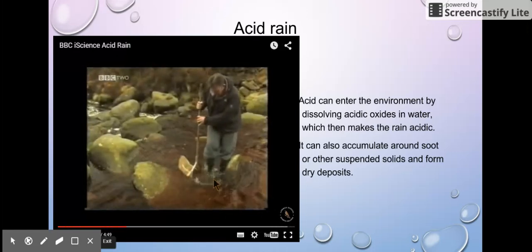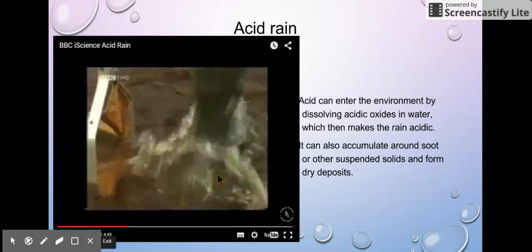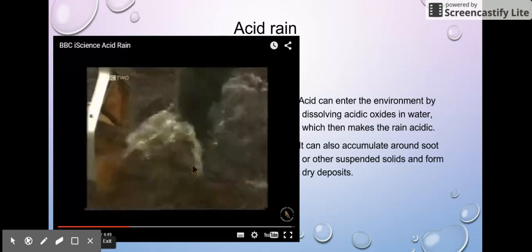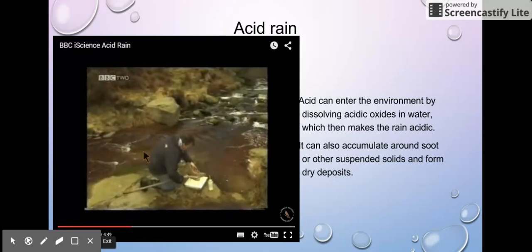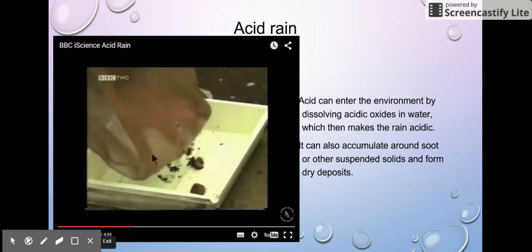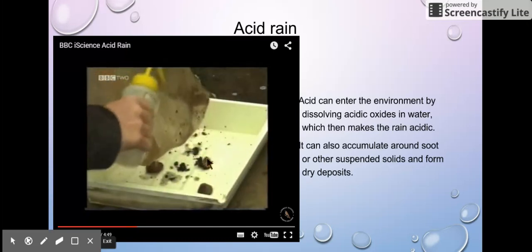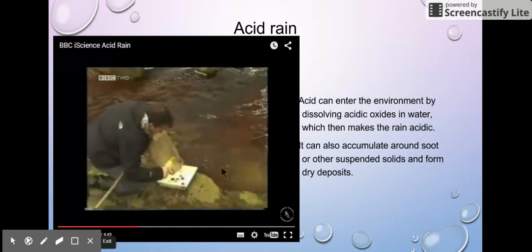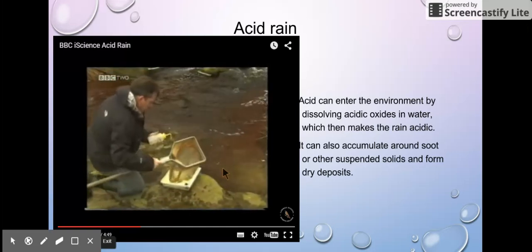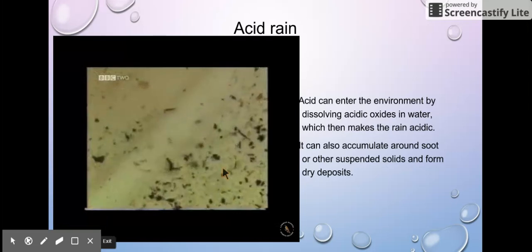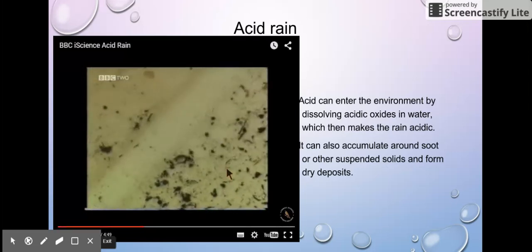He's kicking at the bottom of the stream in order to get the living organisms to go into the net. We collect the insects and other invertebrate animals that live under the rocks and in the gravel to see which species are present, and whether there are any acid-sensitive species, which might indicate that this system is recovering from acidification. And what we can see is that there's actually not very much here.